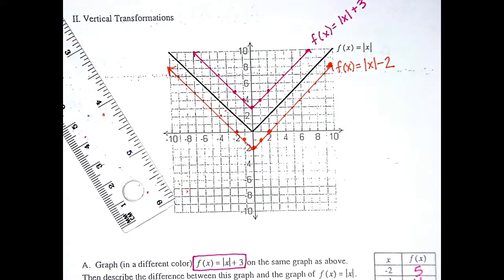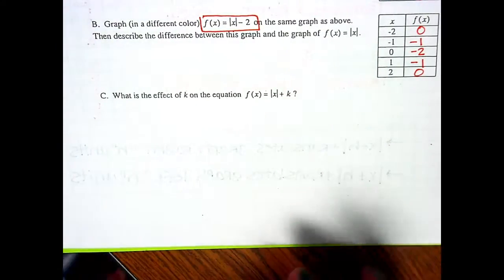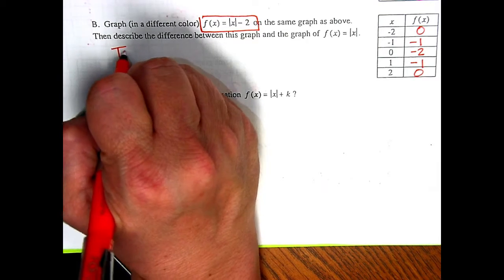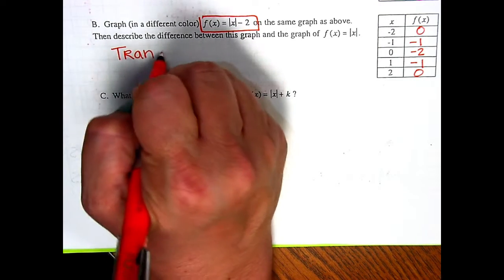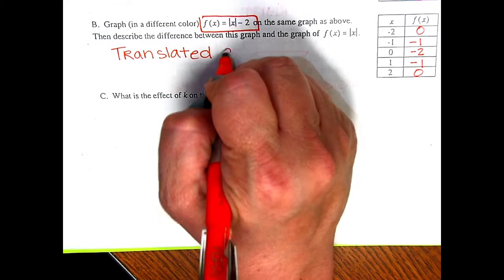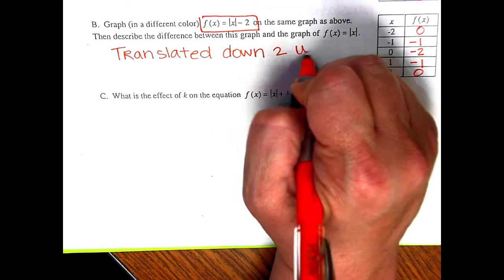And the difference from the original is it went down 2 units. So translated down 2 units.